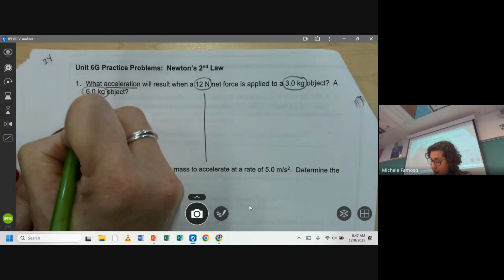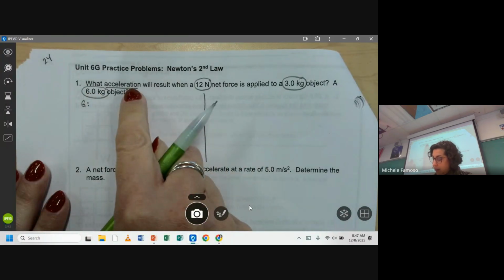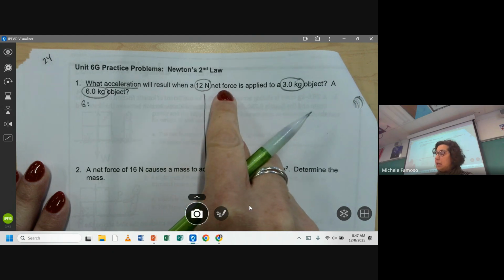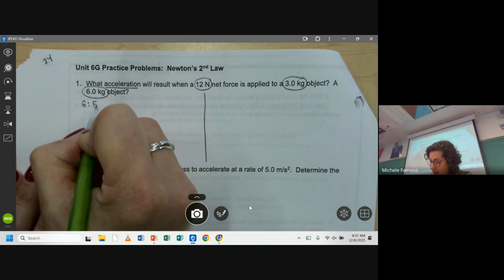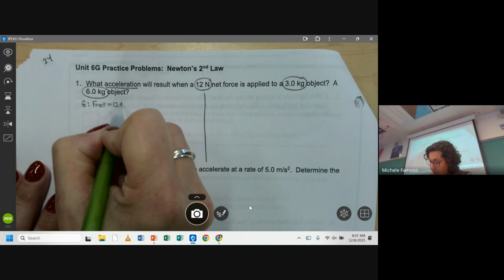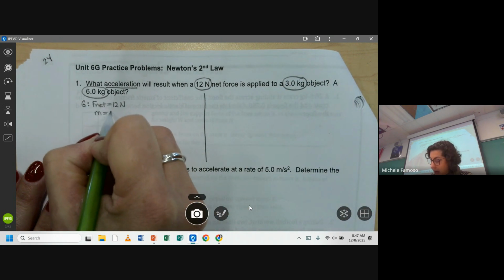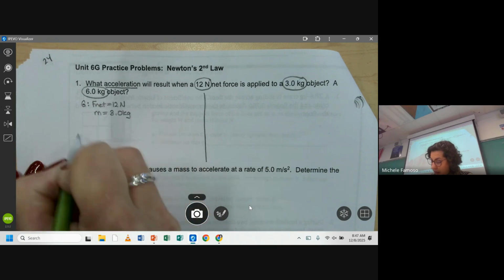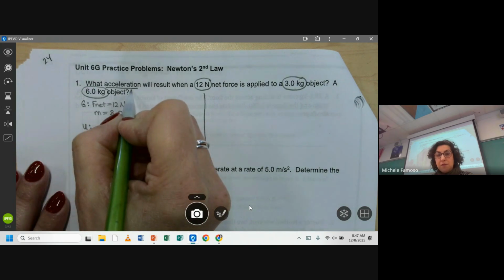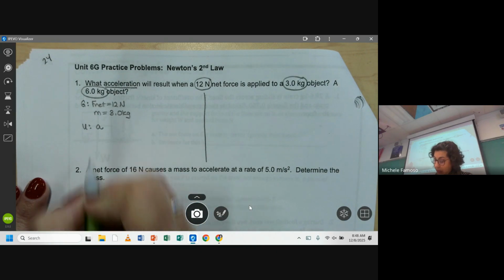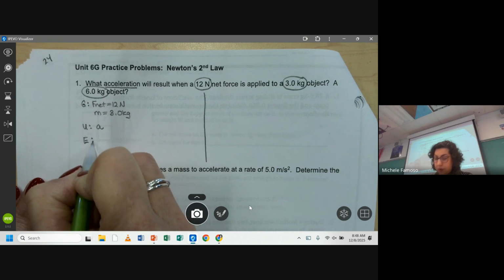Let's start with our first part using our GUESS method. The given values are 12 newtons, which we are told is a net force, F net, and 3.0 kilograms, which is a mass, m. The unknown is the variable a, lowercase a. What equation do we use?